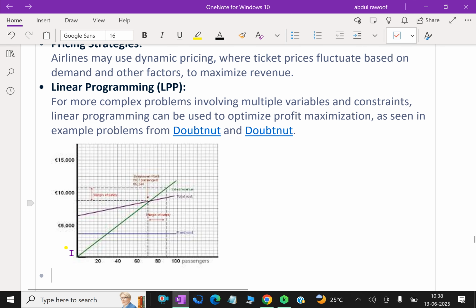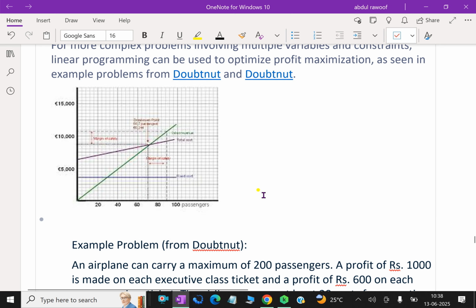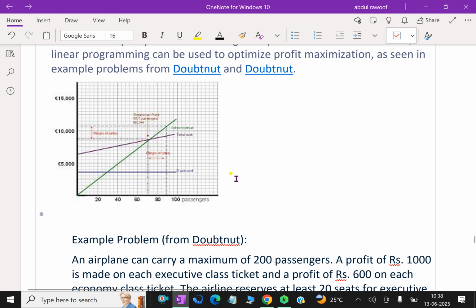Here, the number of passengers is in the x direction and cost in the y direction. You have to draw a straight line for each equation and find the feasible area, that is called profitable. That is to optimize the profit function.